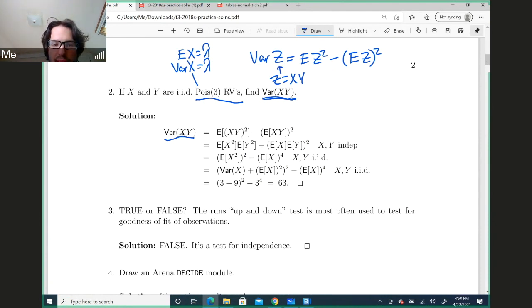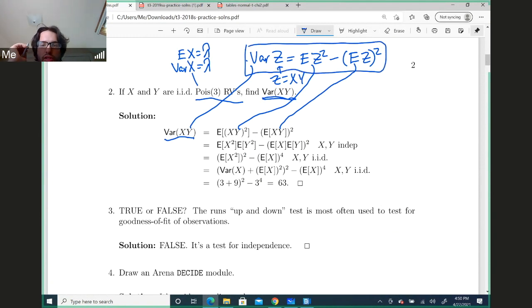We plug XY into this formula, and we end up with E of (XY) squared, and E of XY, and then that whole thing squared. You should definitely have this formula on your cheat sheet.